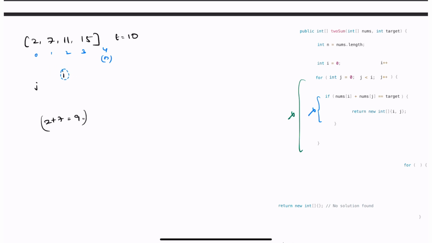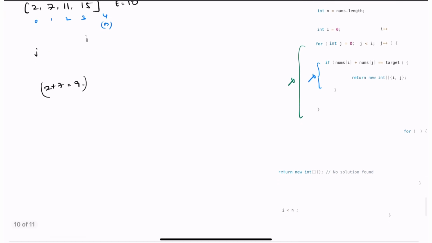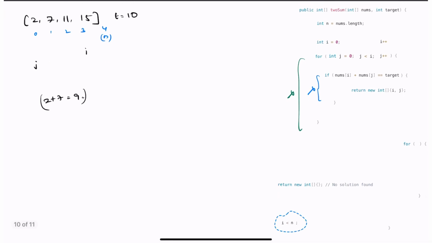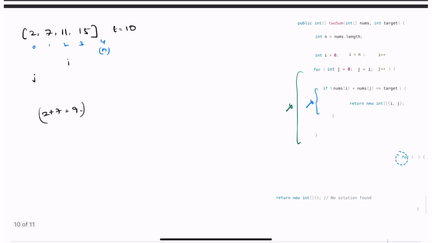Up to what position will i be moving? It will move while it is less than n. That is the value I wanted to show you. So you want i to move up to n position, and these conditions are fitted in a for loop. Now, this part of the code helps you explore the j value.